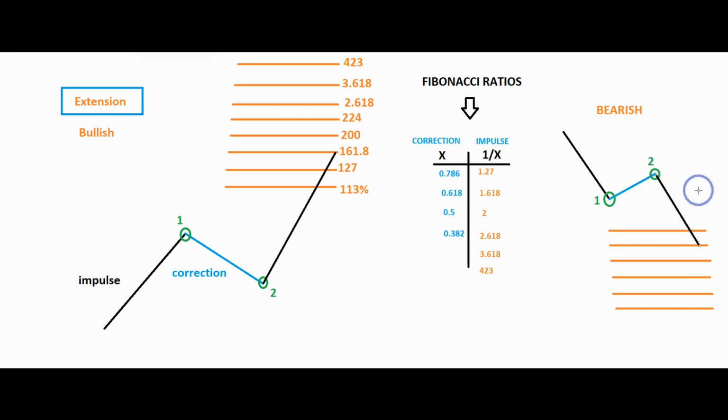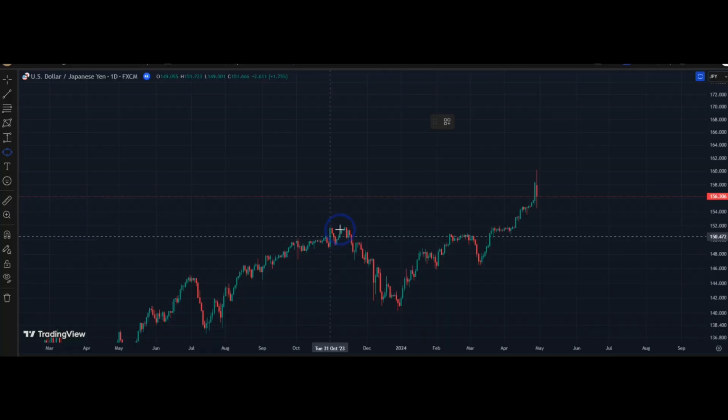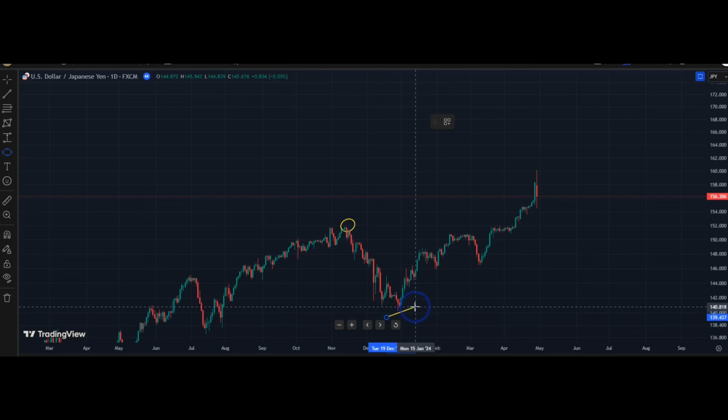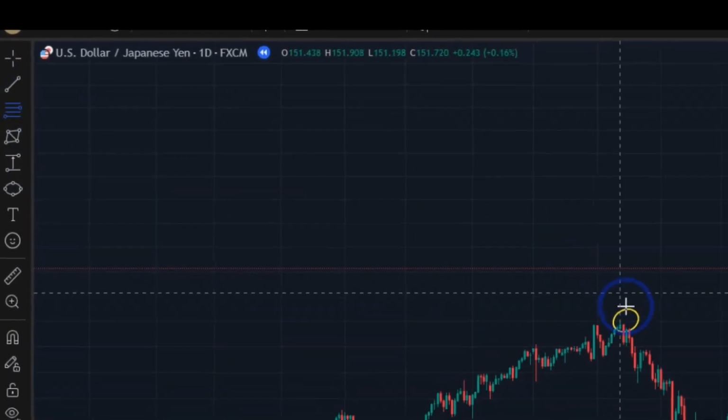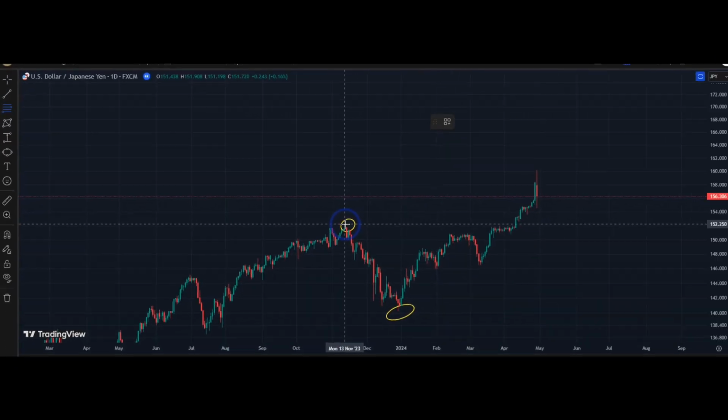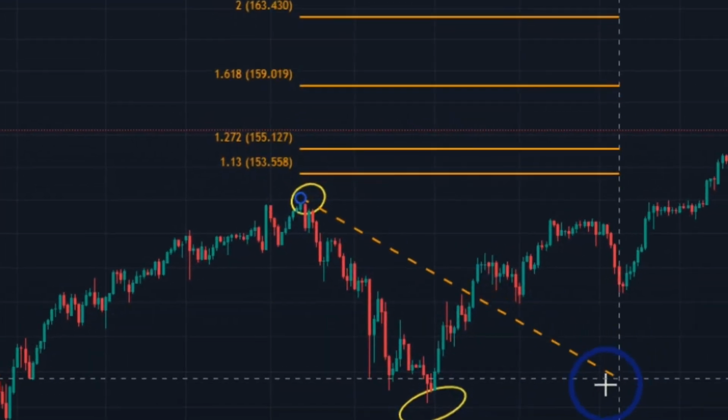Ultimately, we learn to apply these tools within patterns and structures. As you can see on the chart, to determine the price target, we use the same retracement tool we introduced earlier. However, this time we apply it to the corrective move.